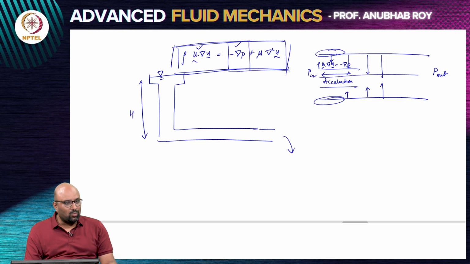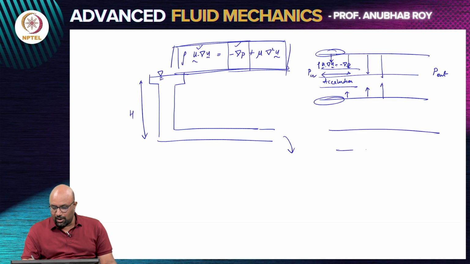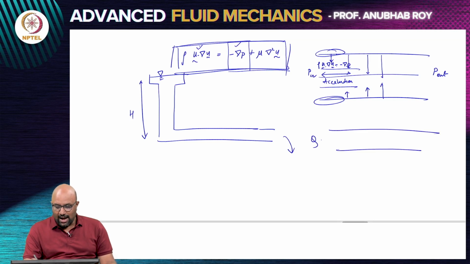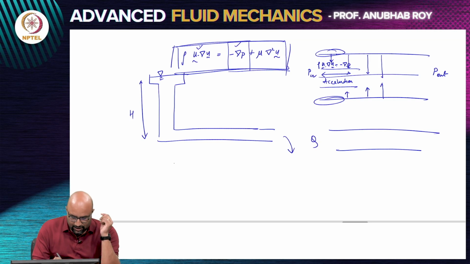You can play with that water level and you can maintain a certain ΔP which is driving the motion. You can also do the problem where you inject the flow at a given flow rate, which means you are pumping liquid into a pipe at a fixed flow rate. So you can calculate what the flow rate is.